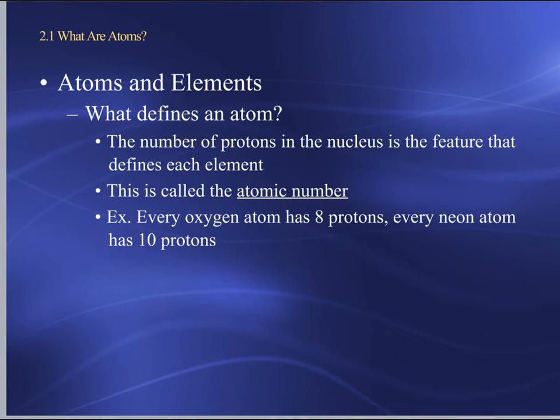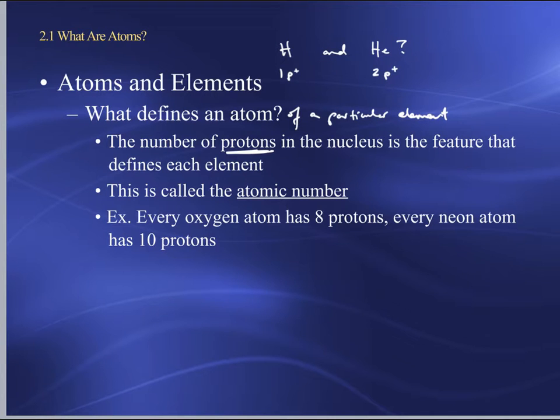An important thing to note here is what actually defines something as being an atom of a particular element. For instance, what's the difference between the hydrogen atom and the helium atom we saw just a moment ago? The answer is the number of protons. Hydrogen had 1 proton and helium had 2 protons.